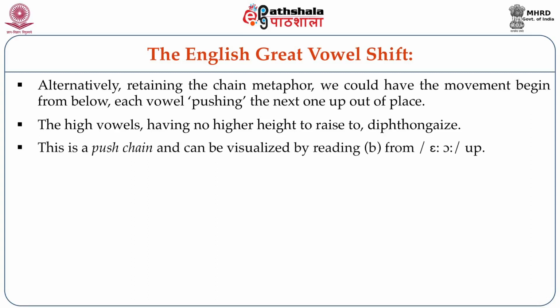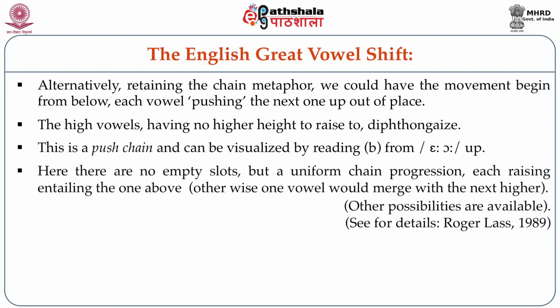This is the push chain and can be visualized by reading B from E up. Here there are no empty slots but a uniform chain progression, each rising entailing the one above. Of course, otherwise one vowel would merge with the next higher. In this interpretation, it is possible to give alternative arguments.